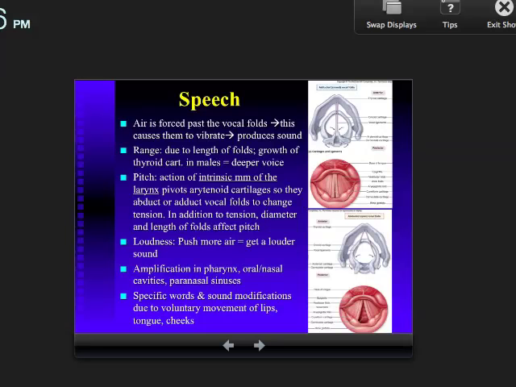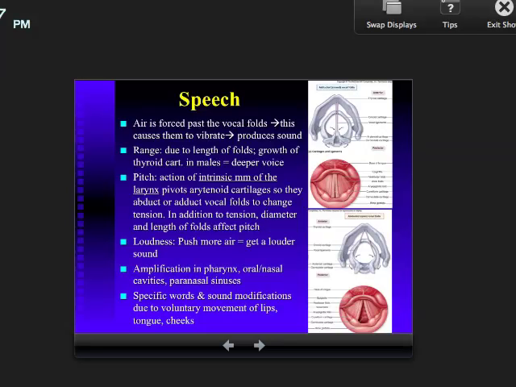And then you have other components of the airway that are affecting the sound of your voice, as you know, when you have a cold and your sinuses are all clogged up, or you have a lot of mucus in your nose, or you simply plug your nose and try to speak.